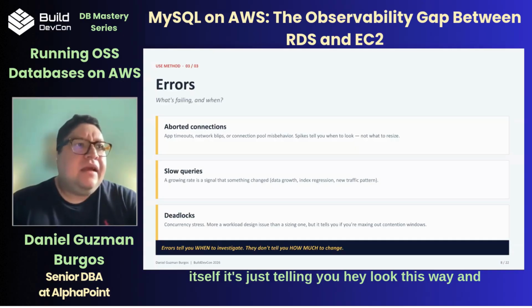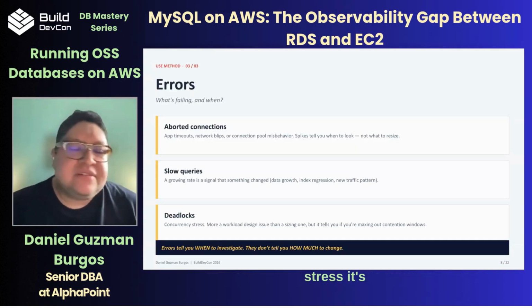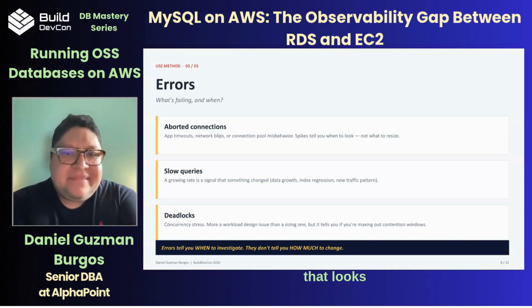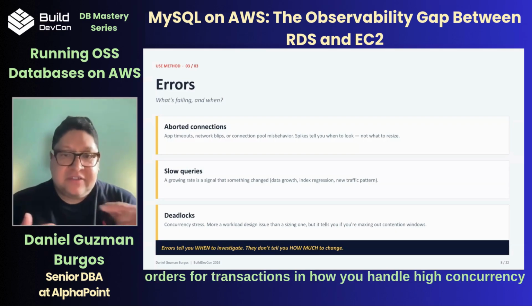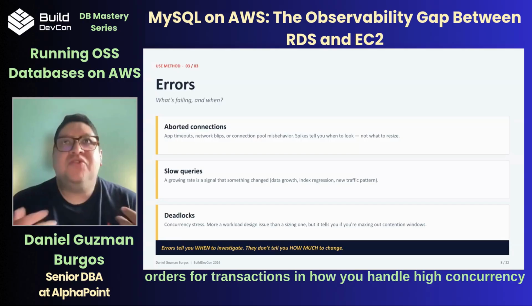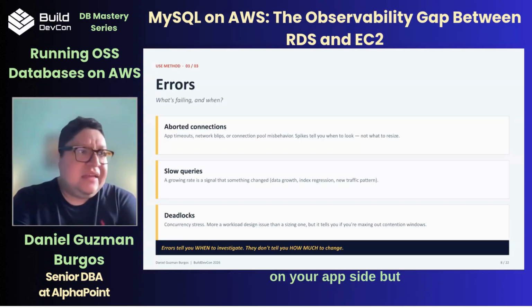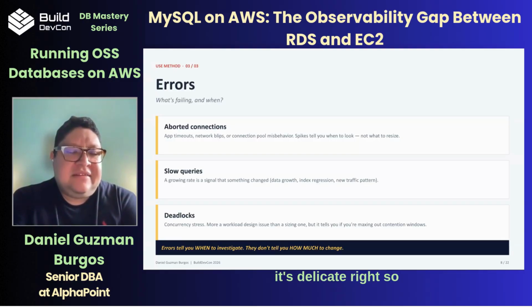And deadlocks mean concurrency stress. Deadlocks are a design flaw in the order of transactions, in how you handle high concurrency on your app side. But it's delicate, right?